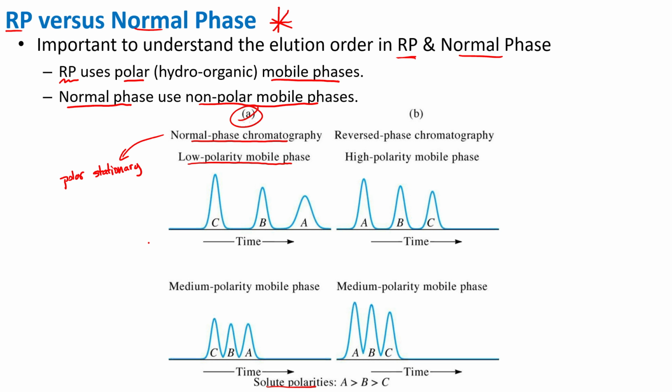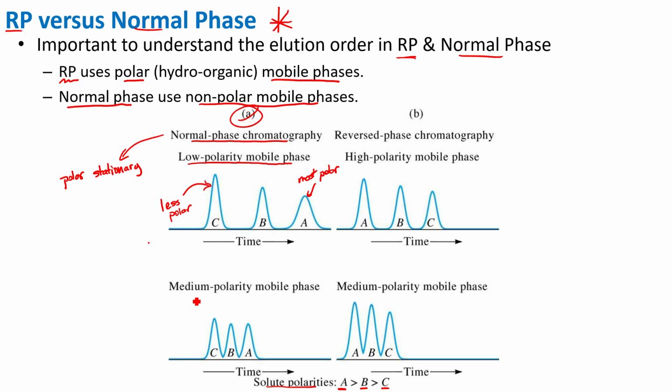A is the most polar, B is the intermediate, and C is going to be the least polar. That means the thing that is least polar elutes first because it interacted with the stationary phase the least, and the thing that is most polar is going to be the thing that elutes last, right? Because it sticks to the stationary phase the most.